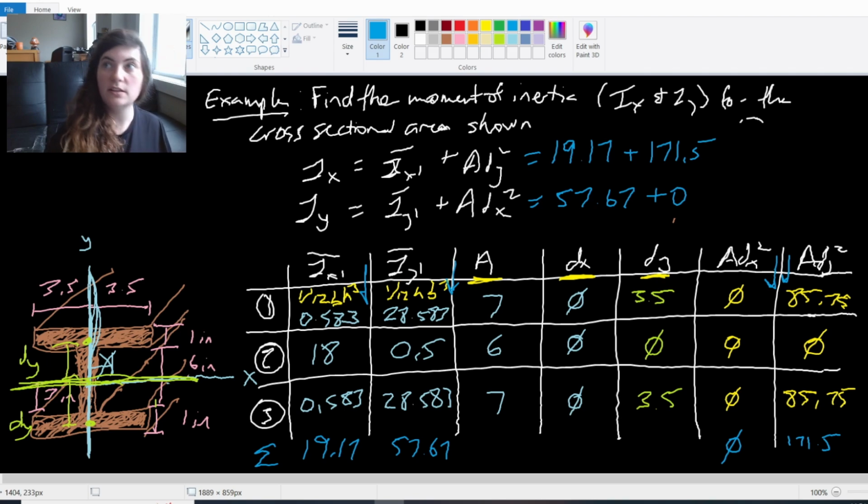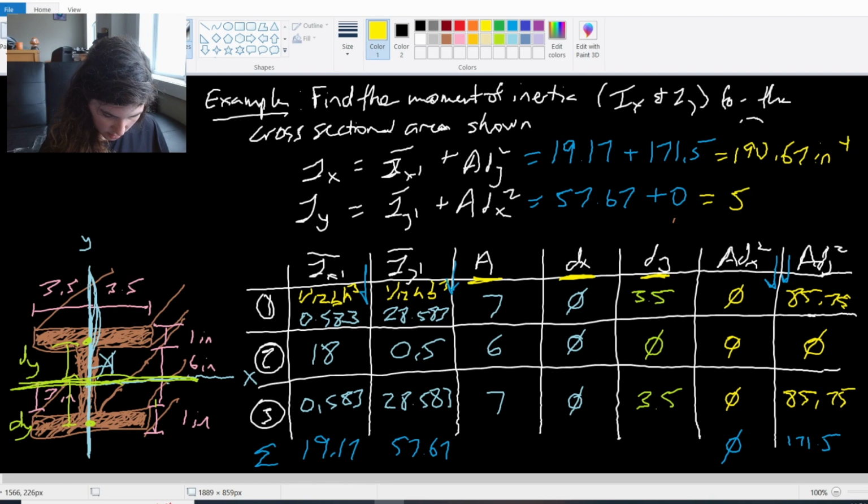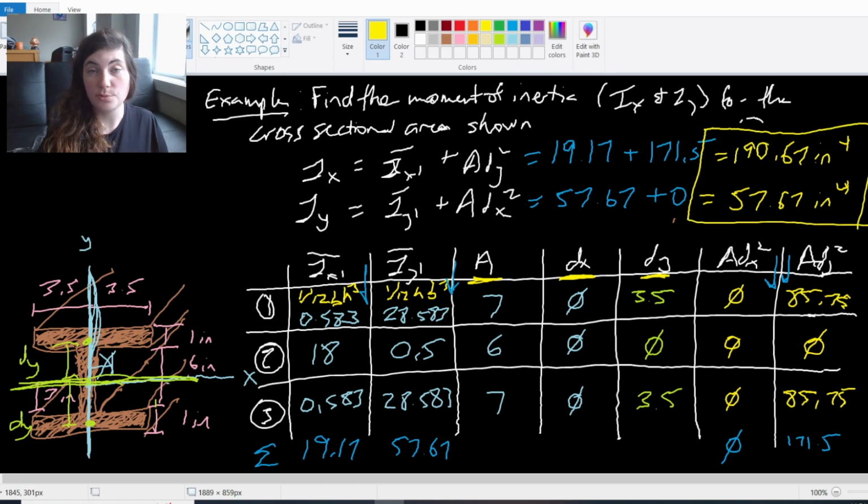So for my final answers, my x moment of inertia is 190.67 inches to the 4th, right? We've been working in inches this whole time. And my y moment of inertia is just that 57.67 inches to the 4th. And those are my final answers.